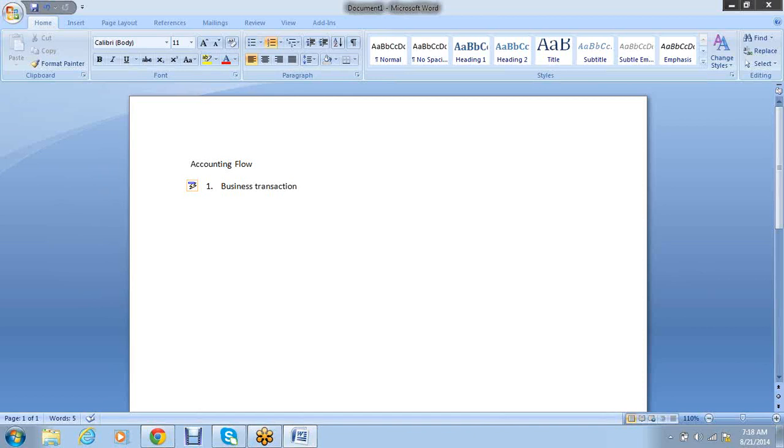Once the business transaction takes place, it is recorded in your journal. I'm not talking about SAP terminology, but the general accounting flow. The journal is how your entries are done and how business transactions are recorded.